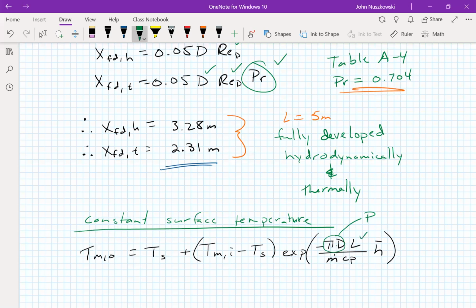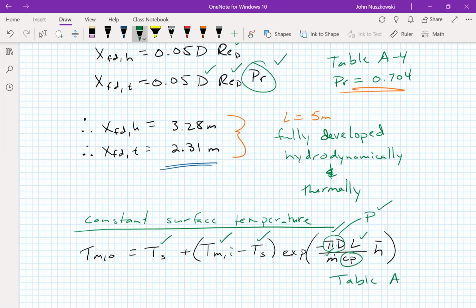We have length. We have the perimeter because we have the diameter. Mass flow rate was given in the problem. Surface temperature, inlet air temperature. The Cp we need to find from our table.